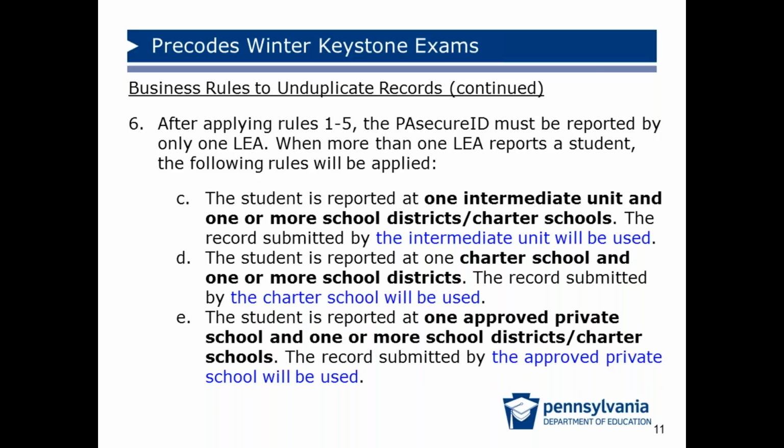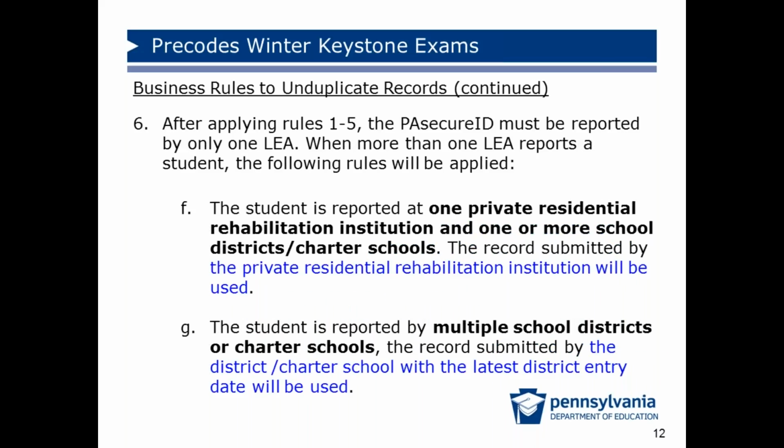And then the last two: if a PRRI and one or more school districts or charter schools submit a record for the same student, the record submitted by the PRRI will be used. And lastly, if the student is reported by multiple school districts or charter schools, the record that we use is the district or charter school with the latest district entry date.